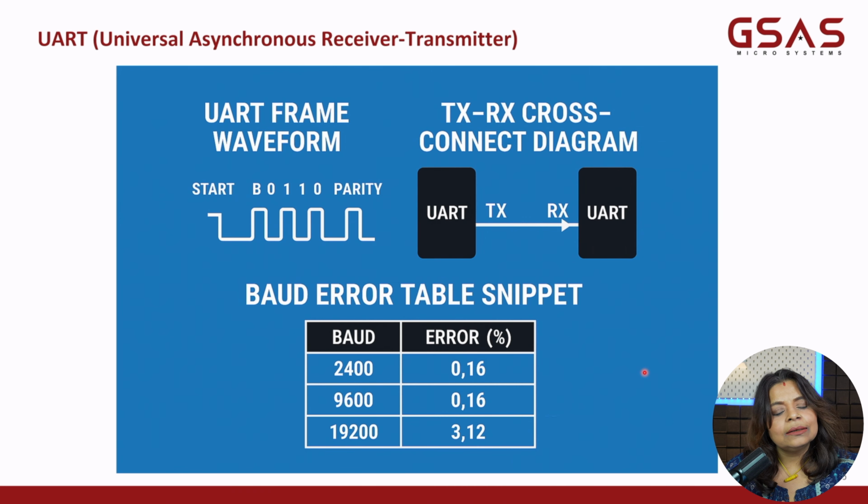So why is UART very important? Wherever you are working on an embedded system which requires wireless communication, could be RF, Bluetooth, or Zigbee, you can take any sort of wireless communication.